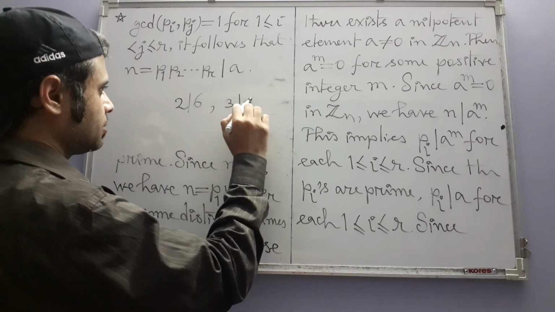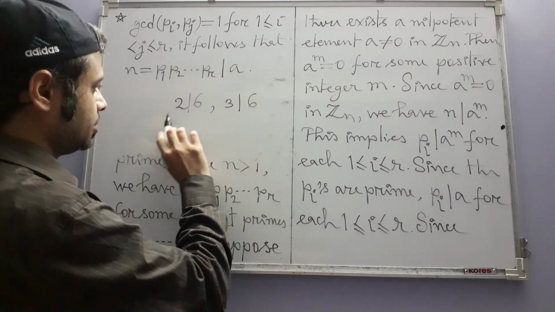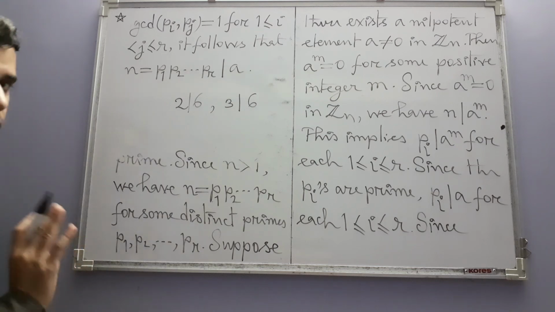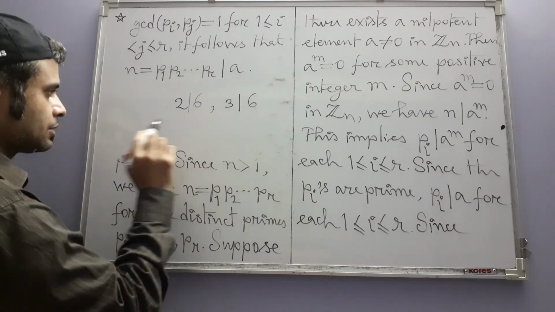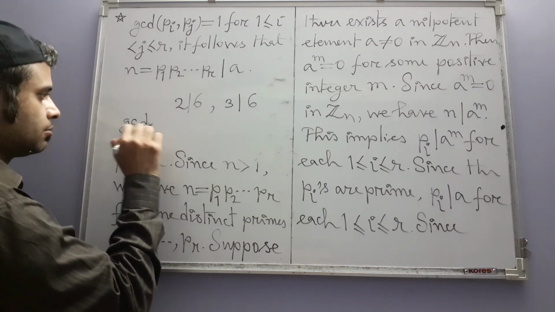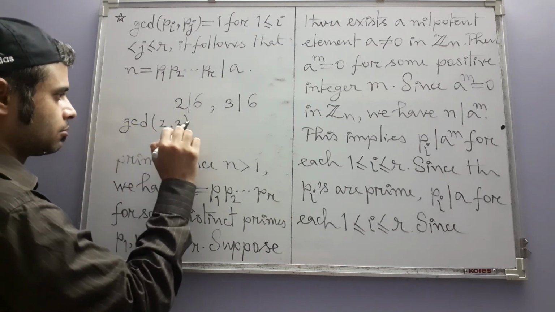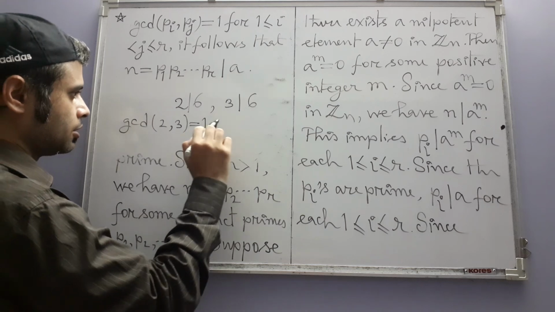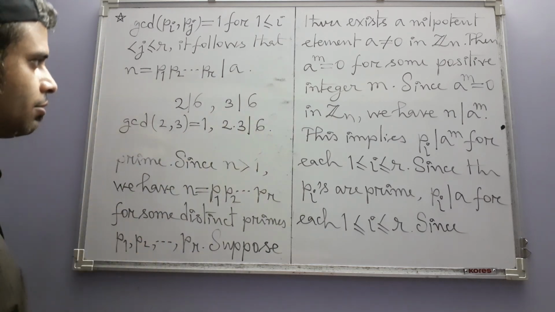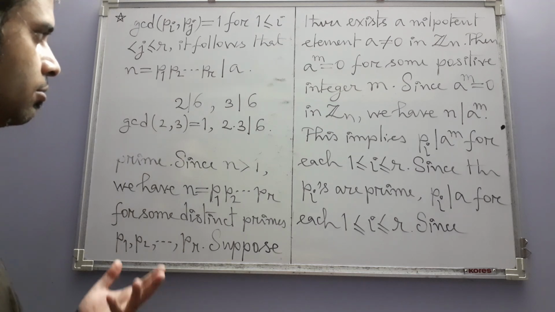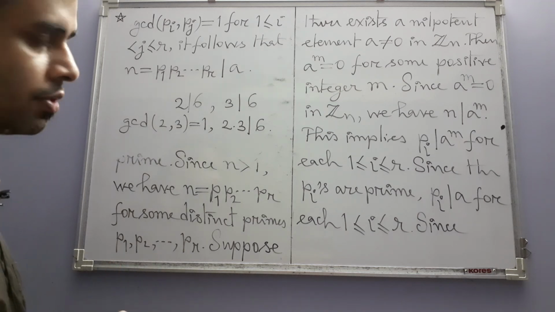And their product, they individually divide 6. Each one of them divides 6. Now, because they are relatively prime, their product also divides 6. This, however, is not necessarily true if they are not relatively prime.